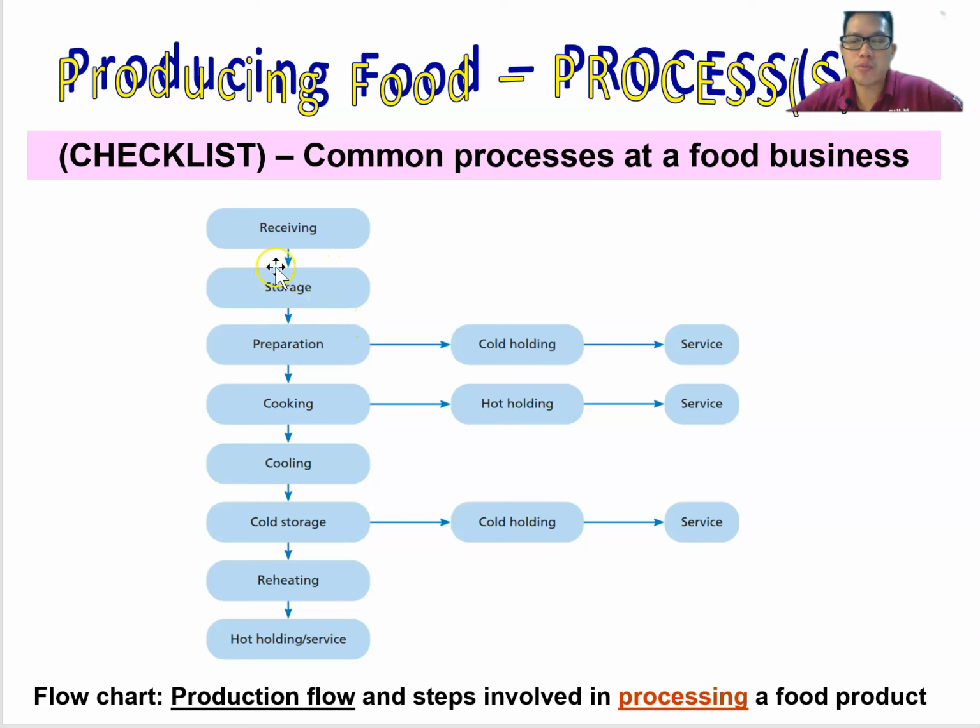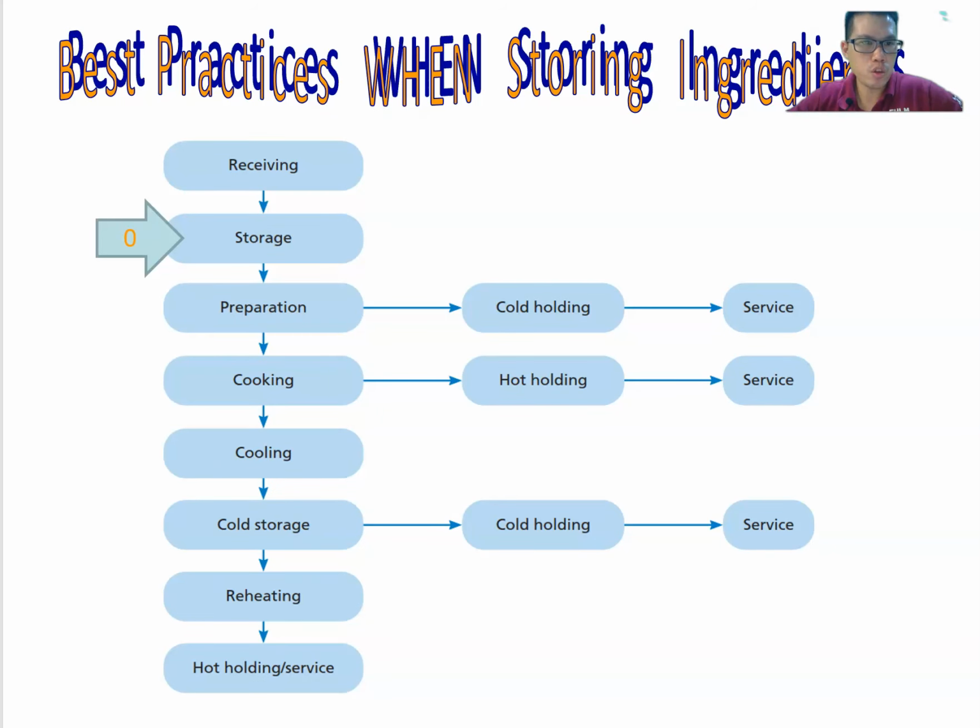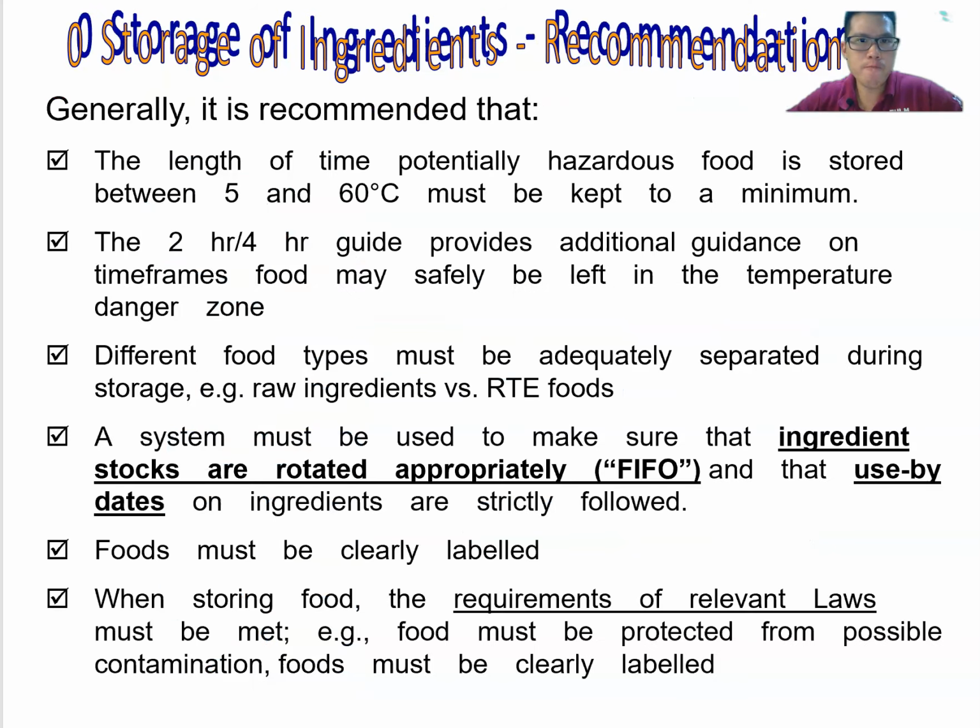We have also spoken about making sure that the storage area is well lit, so you can see the condition inside, and well ventilated, so that the temperature is not that hot and the humidity is not that high. This week we're going to talk about preparation, cooking, and the rest of the preparation practices. We have spoken about the storage already.